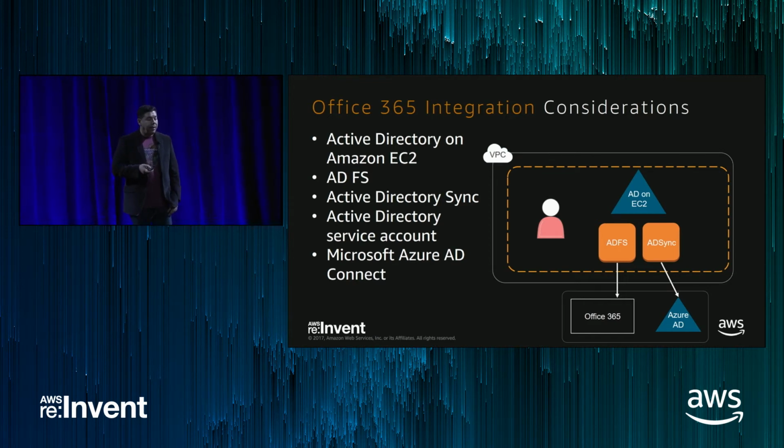And with that in place, now you can, with your Office 365 subscription, allow your users in AWS to single sign-on to Office 365. And by the way, this is also supported in our Managed AD offering.